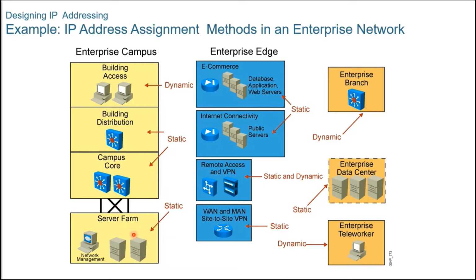Also the server farm should be given static IP assignment. Now for the end user, we have to use dynamic. Dynamic address assignment is used for assigning IP addresses to end user devices, including workstations, IP phones if you have them, and mobile devices on the network.